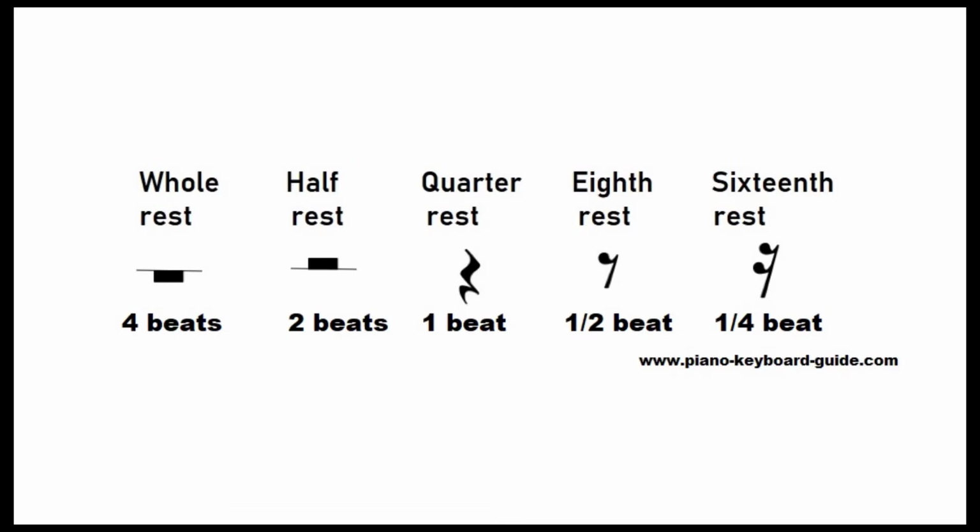Types of rest include the quarter rest or crotchet rest, which lasts for 1 beat, the half rest or minim rest, which lasts for 2 beats, and the whole rest or semibreve rest, which lasts for 4 beats.